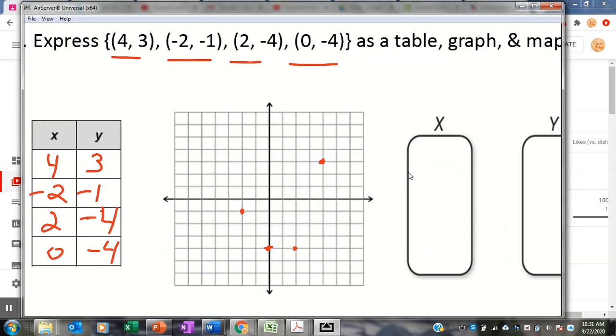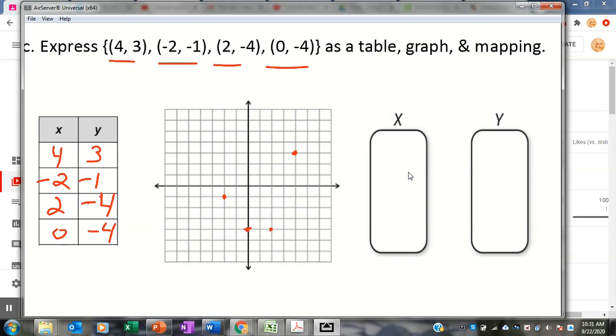And then lastly, you need to write the domain and range. So we're just going to list the x's and list the y's in order. I'm going to write the smallest x first. So negative 2, 0, 2, and 4. And then the y's are going to be negative 4, negative 1, and then 3. And then you do need to do a mapping.